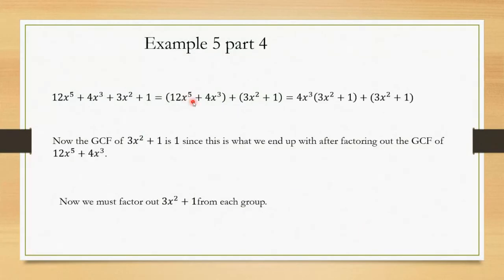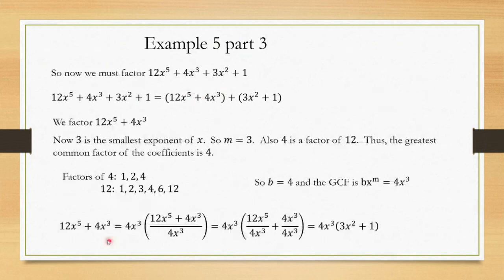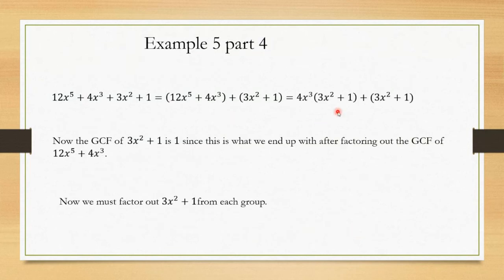So what we did was I replaced 12x to the fifth plus 4x cubed with 4x cubed times 3x squared plus 1. And again, as I said before, the GCF of 3x squared plus 1 is going to be 1.